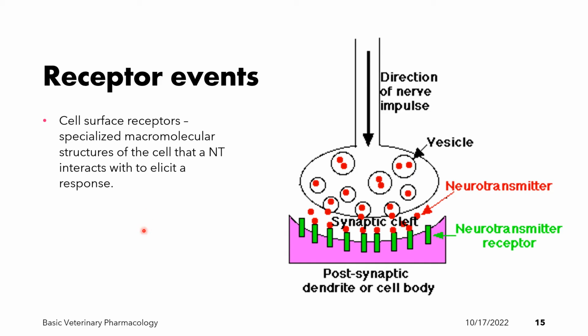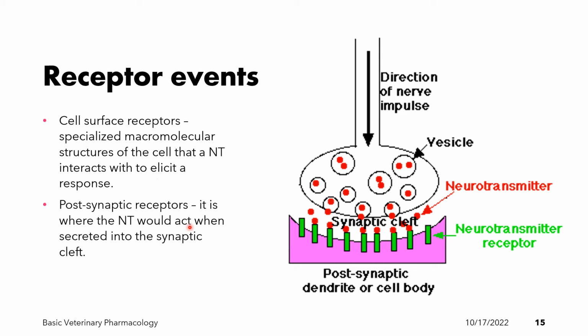So the postsynaptic cell contains the cell surface receptors. Binding of the neurotransmitter to these receptors will elicit a response. When we say postsynaptic receptors, this is where the neurotransmitters act when secreted into the synaptic cleft.